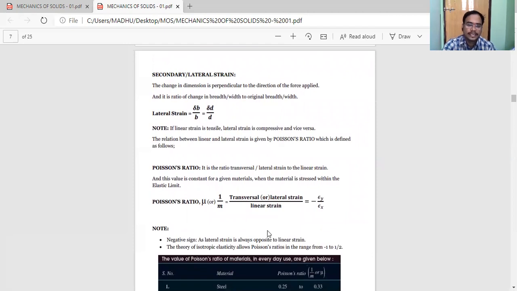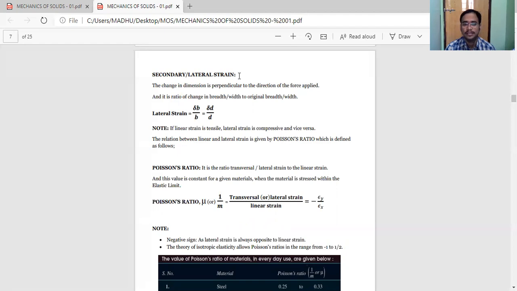Secondary or lateral strain. Strains have got different understandings. Here, lateral strain means, consider a body subjected to only one normal load, a tensile load.